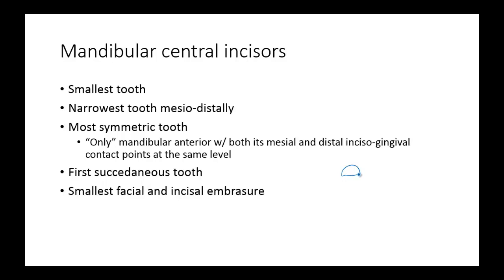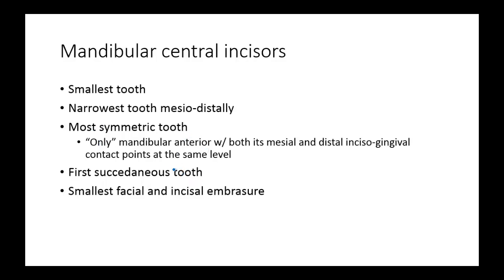So if this is the incisal third, then the contact point might be up here and then down here for the other one. But for the mandibular centrals, it's going to be pretty much at the exact same level within the incisal third. So that's a nitpicky question, but even if you don't know this fact, you should know that just because it's the most symmetric tooth, that's probably going to be the correct answer.